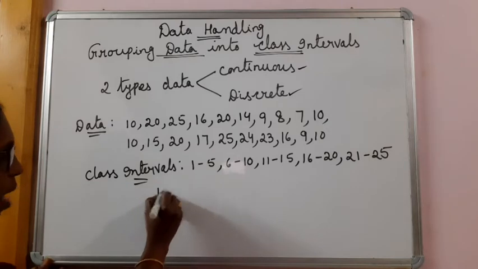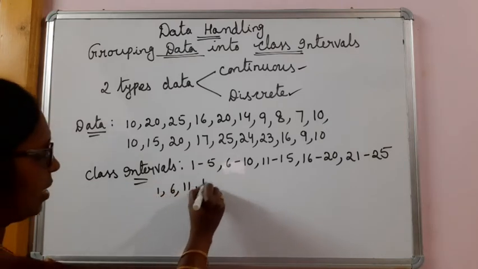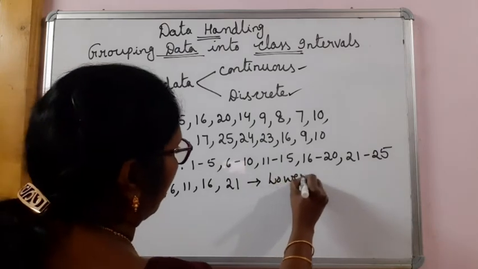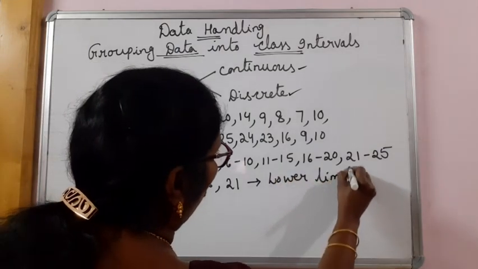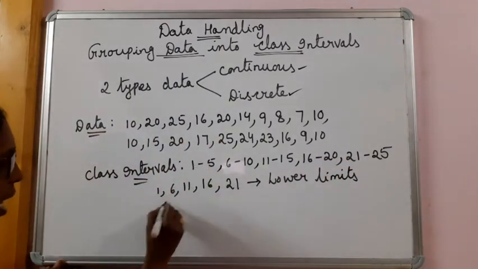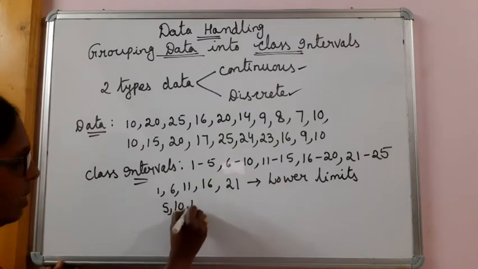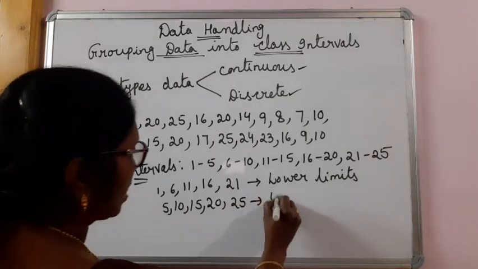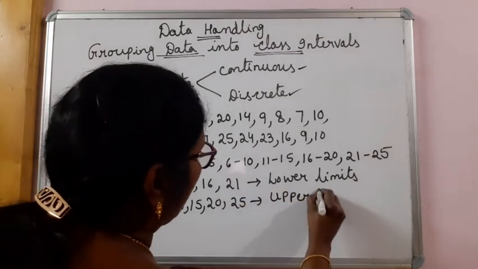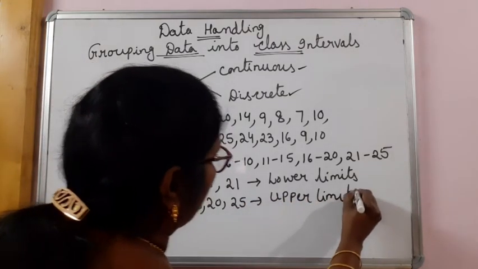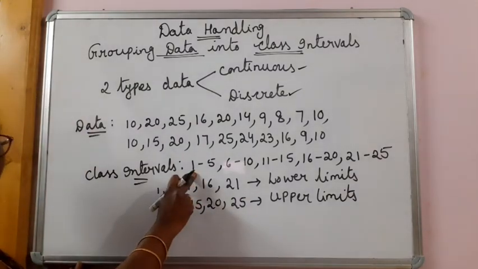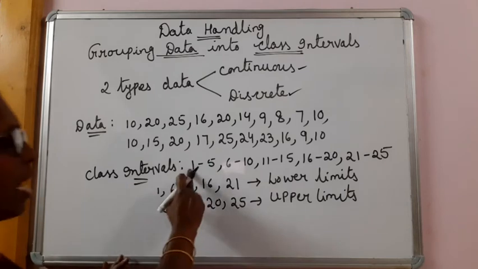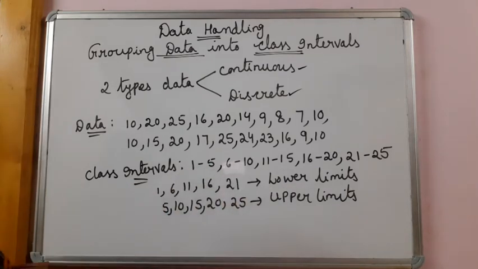Here 1, 6, 11, 16, 21 are said to be the lower limits of the class intervals, and 5, 10, 15, 20, 25 are said to be the upper limits of the class intervals. So the first one is the lower limit. This is the upper limit for every class interval.